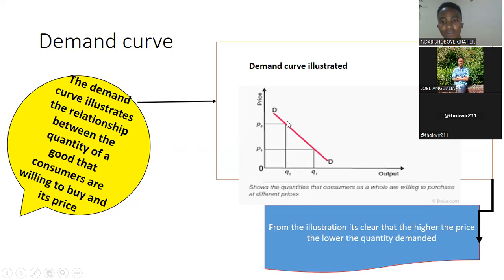That's just like we've seen here. At price P naught, what was demanded was Q naught. Whereas when the price reduced to P1, the quantity demanded increased to Q1. So from the illustration, it's clear that the higher the price, the lower the quantity demanded.